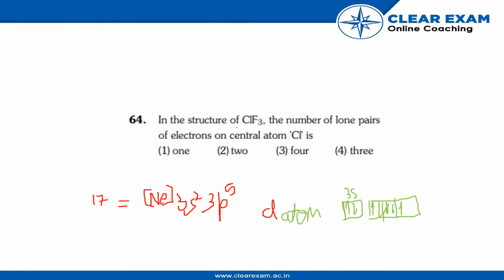One electron is unpaired and our 3d is empty. So 3d is empty.